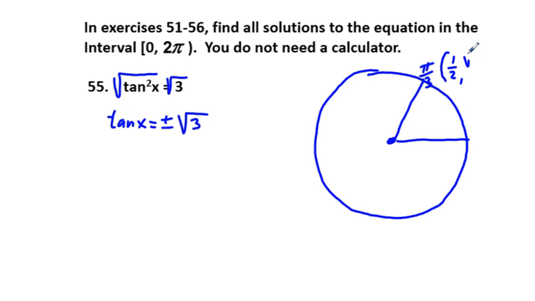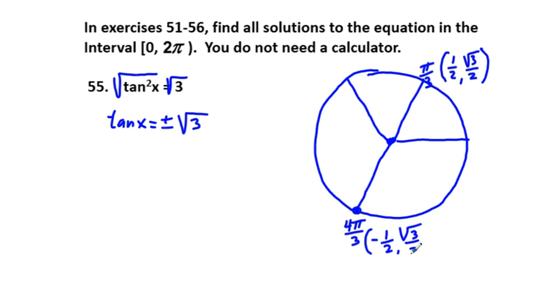The sine value is going to be square root of 3 over 2. And if we continue around 180 degrees opposite, that's going to be 4 pi over 3, with a cosine value of negative 1/2 and sine value of negative square root of 3 over 2.